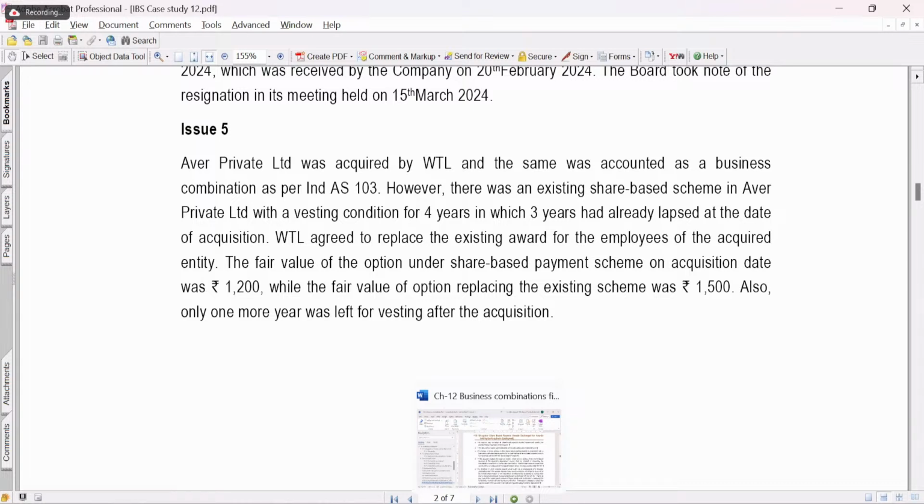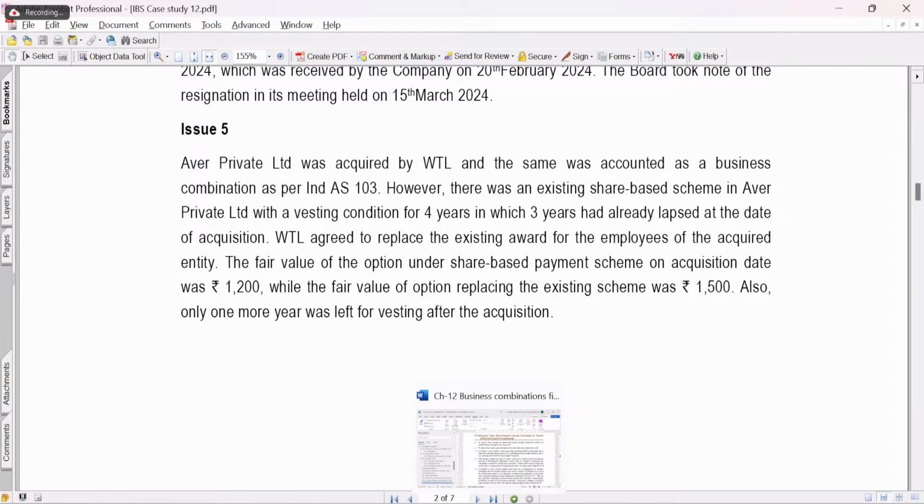It means 3 years have passed and only 1 year has been left for those share-based schemes to be vested. So employees are having those share-based payments, we can say grants or awards, and those awards will be materialized only on vesting. And for vesting, there is still 1 more year left.